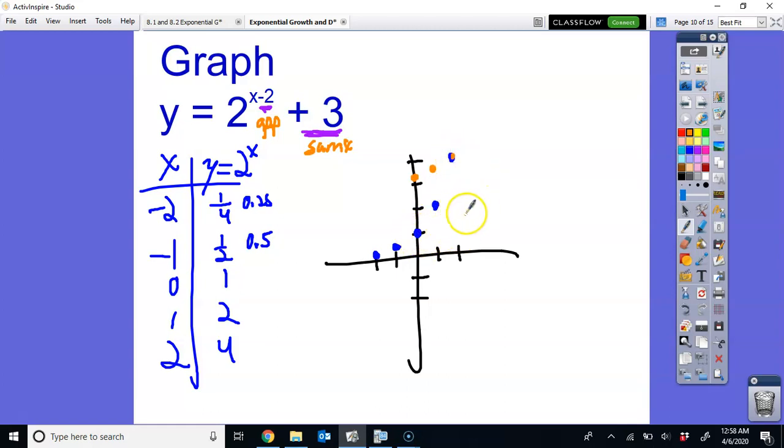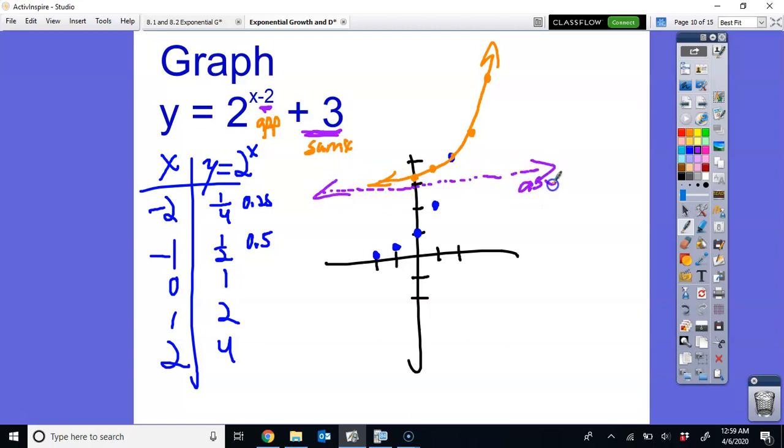Notice it's going to be in the same spot there. Right 2, 1, 2, 3, and then right 2, 1, 2, 3. You will get a new graph that has been moved right 2 and up 3, and now the asymptote is now here.